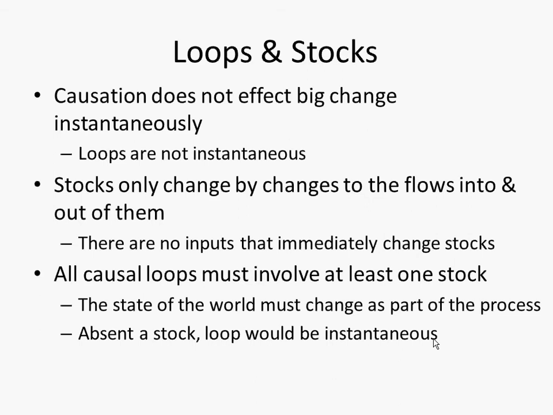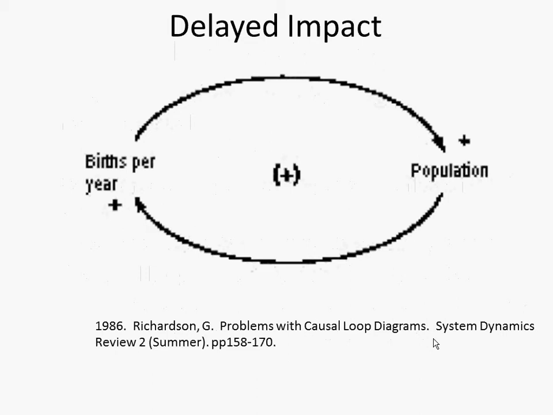The change is a change occurring in the current situation. So all causal loops involve a stock change. The state of the world has to change as part of that process. Absent a stock, the loop will be instantaneous. It's the stock that leads to the change in things.